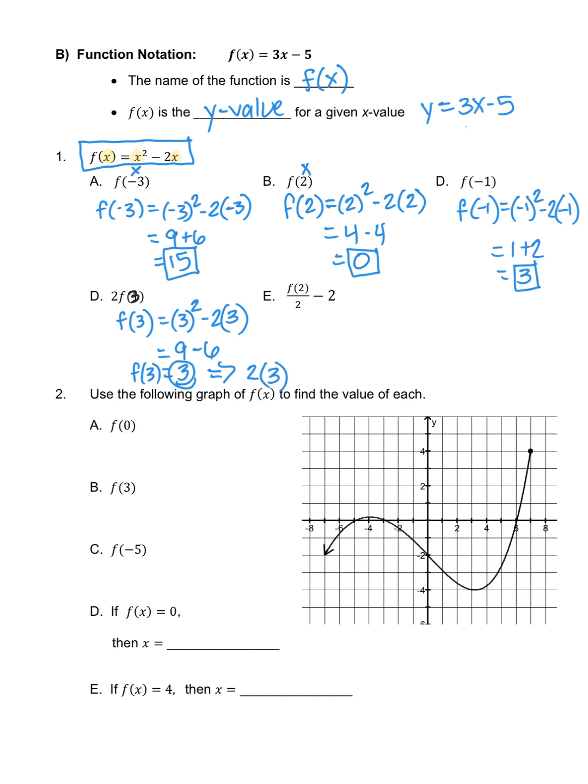So now we have 2 times 3. Again, we took this 2 right there. Let me use a different color. We took this 2, and now what we just found, that f of 3 equals 3, now we have 2 times 3, and that equals 6. So our answer for this one, for D, would be 6. I'm going to separate these. All right. Now let's go ahead and do E.